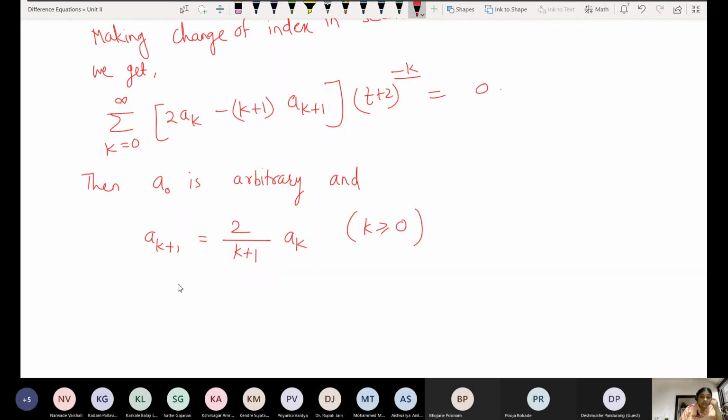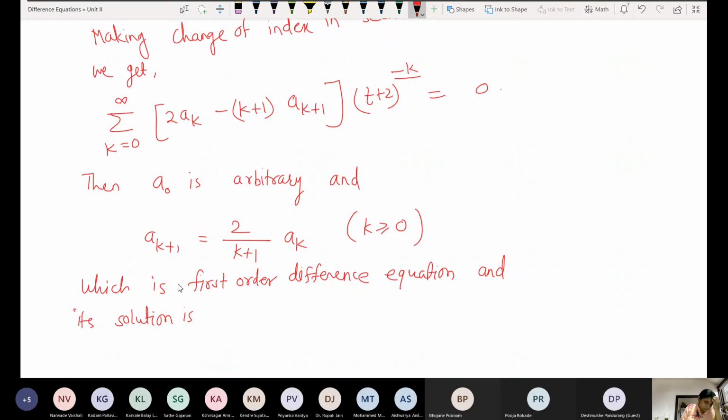And again this is a first order difference equation, and its solution is given by, what is the solution? 2 will be repeated k times, right?